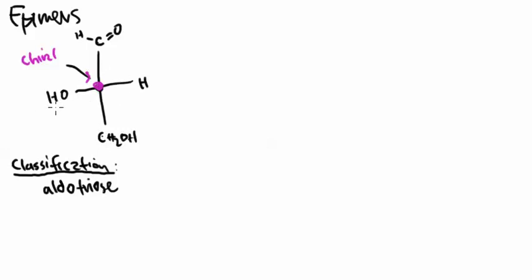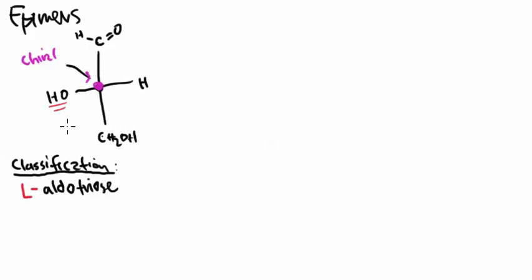The OH group is to the left, so that means that this is the left-hand version of the sugar. So this is the levorotatory version. If I didn't want to use L, what other letter would I use? That's right, you would use the S form for sinister. So this is an L-aldotriose.